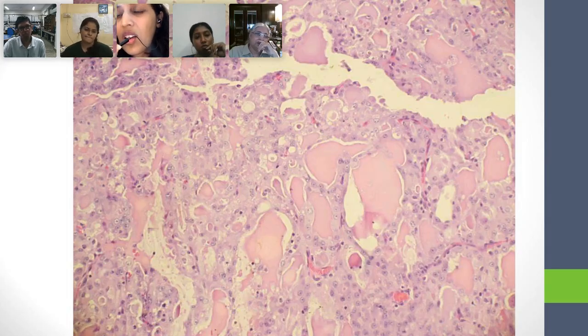All right. But do you think the cells are arranged in any kind of formation? Are they just sheets? Can you see any formations over here? Vague cystic pattern only, I feel. Vague cystic pattern. Are these colloid-like structures present inside a lumen or in the stroma?